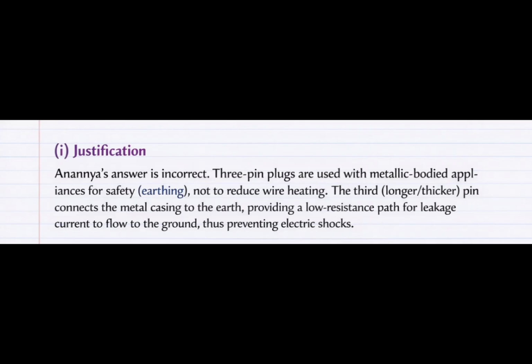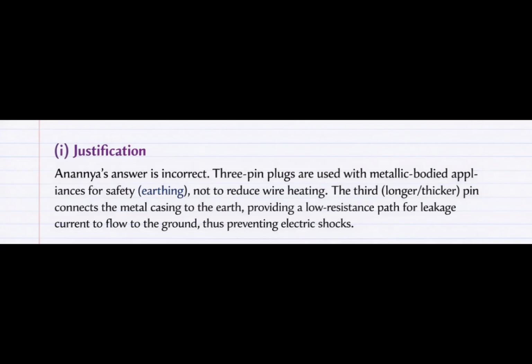That is for earthing. The third pin, which is longer and thicker, connects the metallic casing of the appliance to the earth. That means it connects the metallic body of the appliance to the ground. This provides a low resistance path for leakage current to flow to the ground, thereby preventing electric shock.